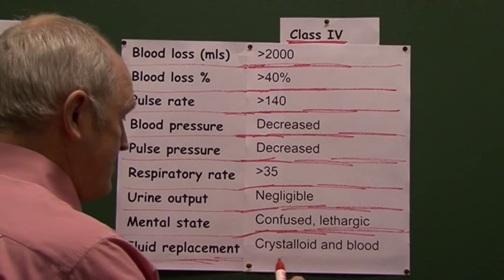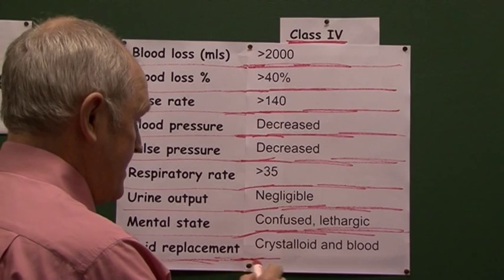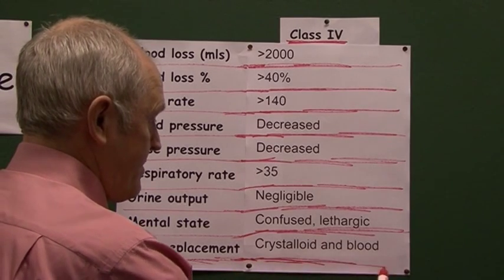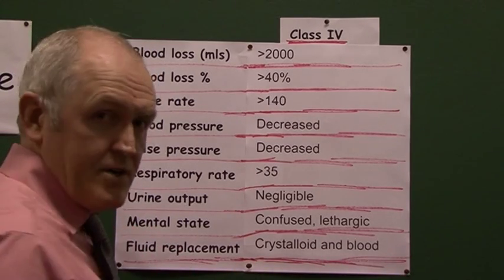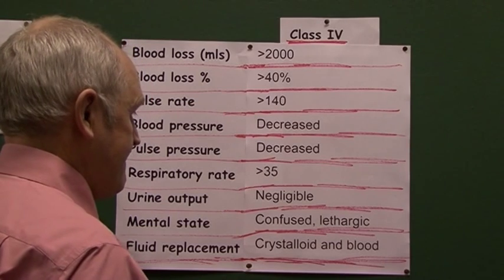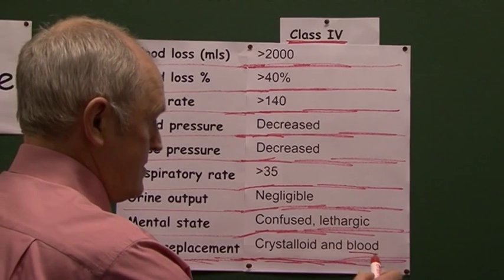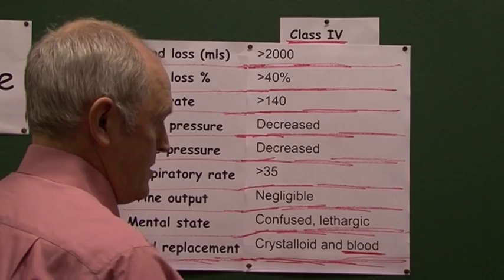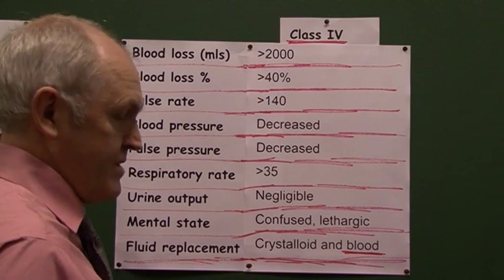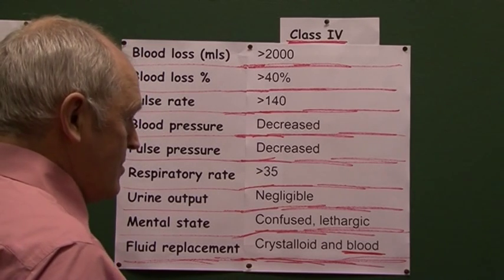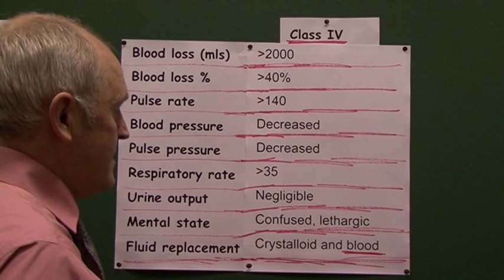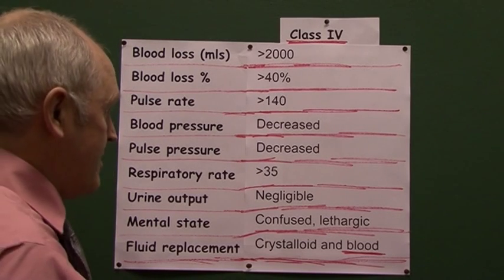Fluid replacement, absolute emergency. Crystalloid, fast, into both arms with a wide bore cannula. And of course, if available to you, blood, possibly type specific or O negative. Last chance to save the patient's life.